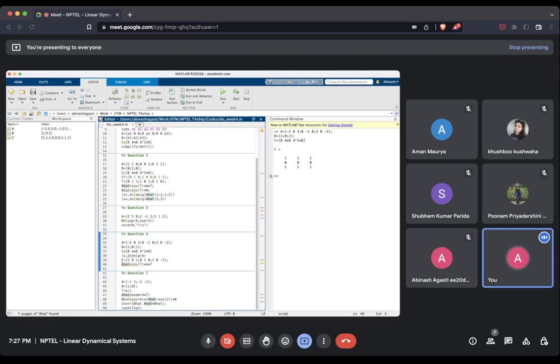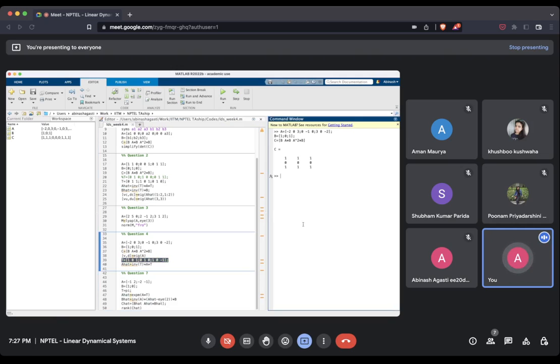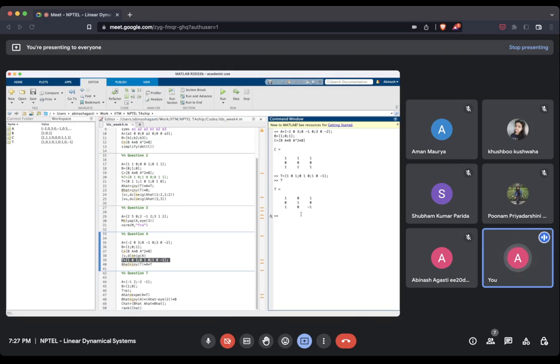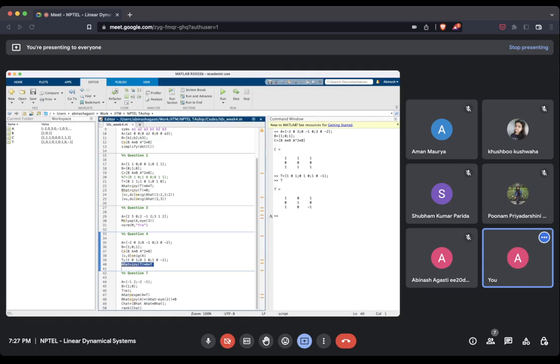I am taking this T matrix, as we showed in the writing part. Then the new transformed A matrix will be T inverse into A into T. So what is that? It is this.